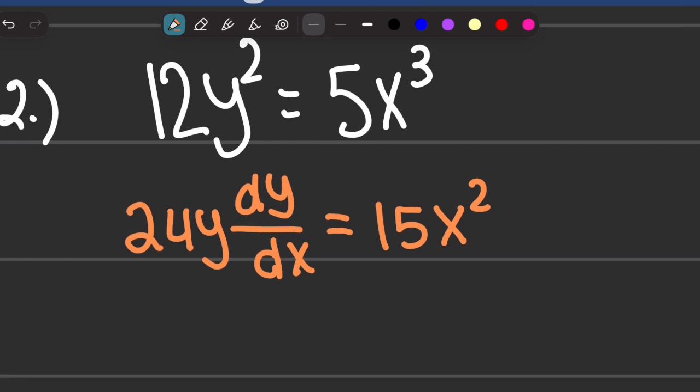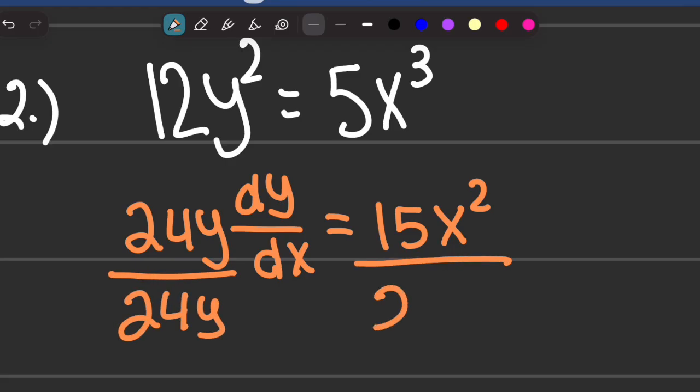And now we have very similar to what we had before, where we need to isolate dy over dx, and we can do so by dividing both sides by 24y to get dy over dx by itself.